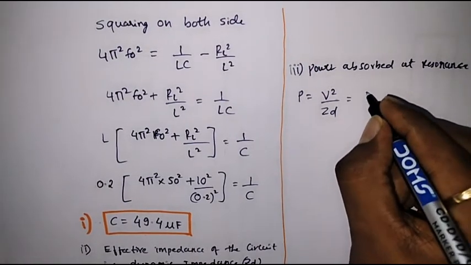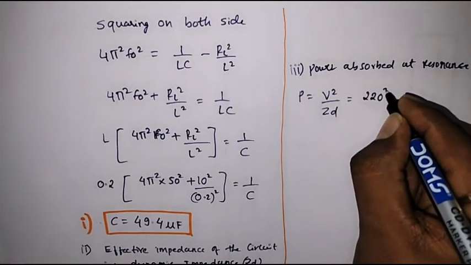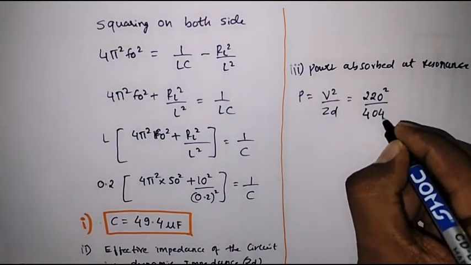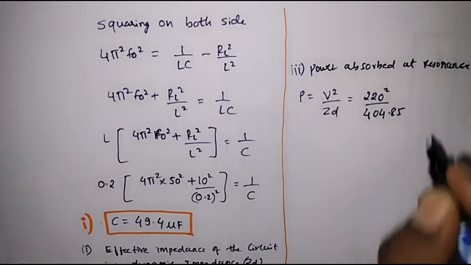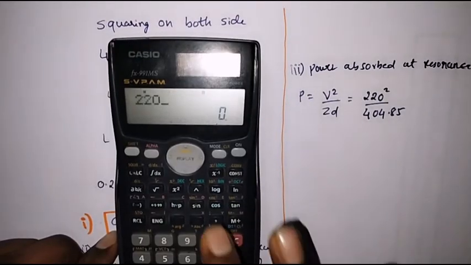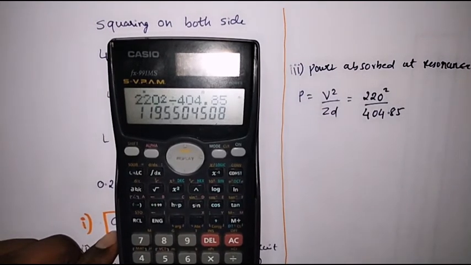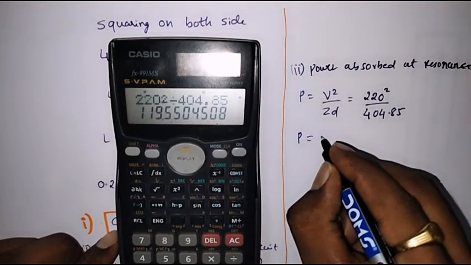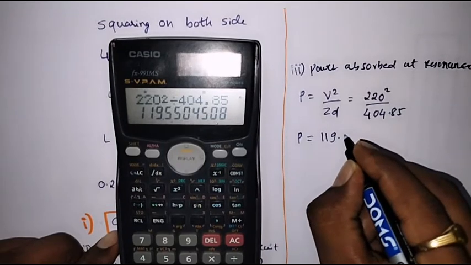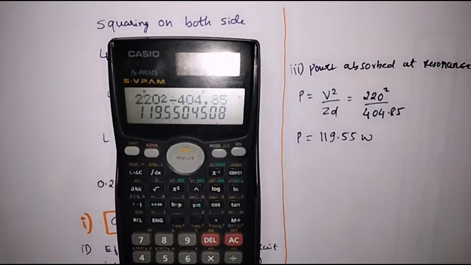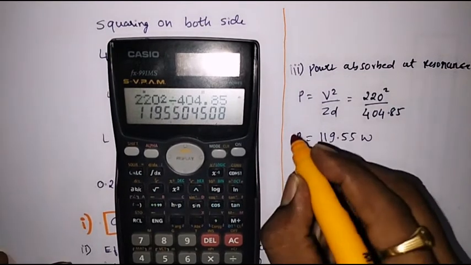So P is equal to 220 square divided by the dynamic impedance value 404.85. It gives power is equal to 119.55 watts. So this is the power absorbed at resonance.